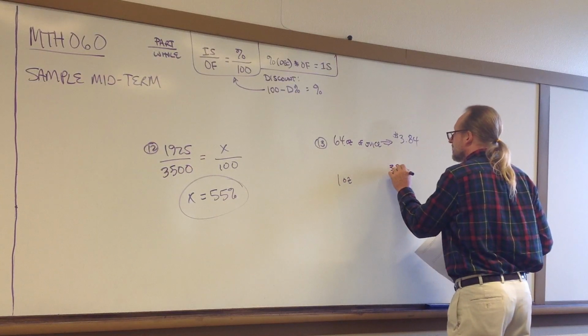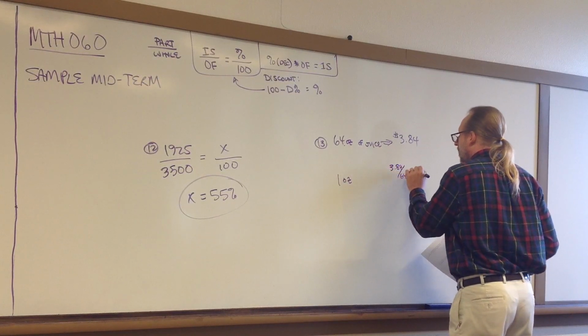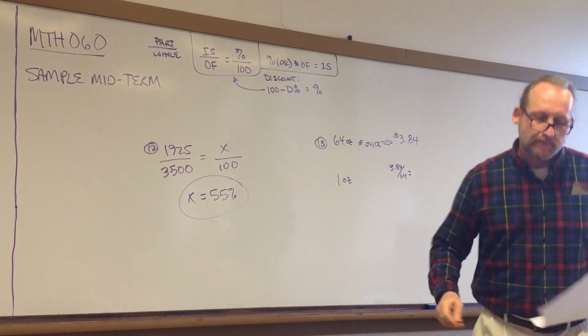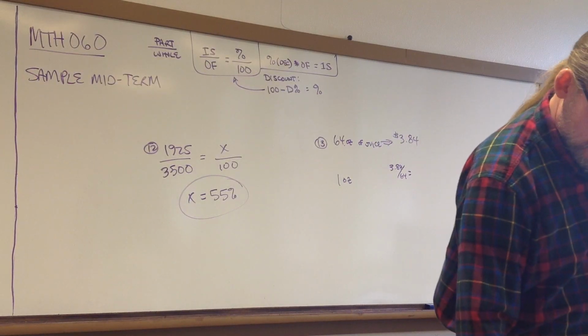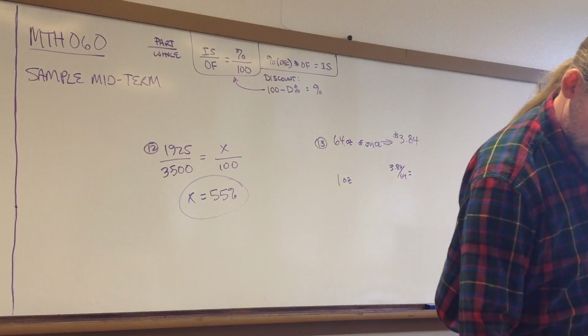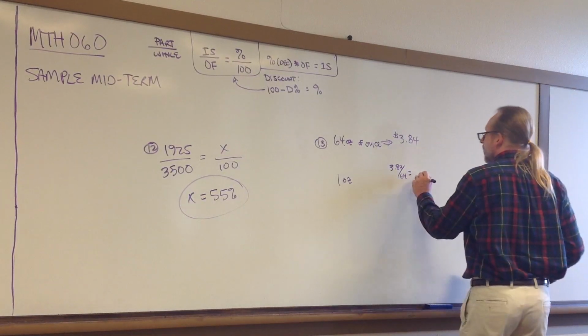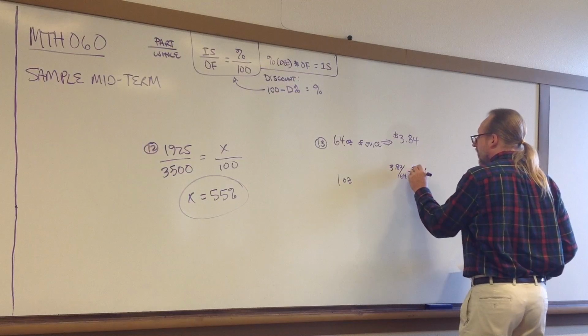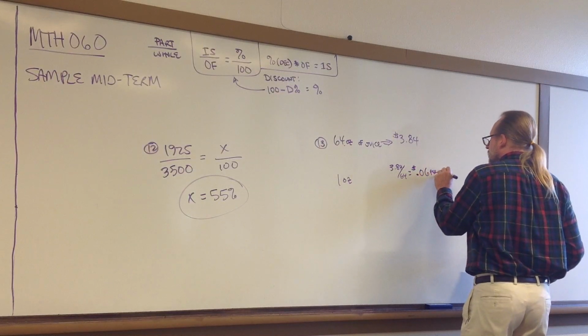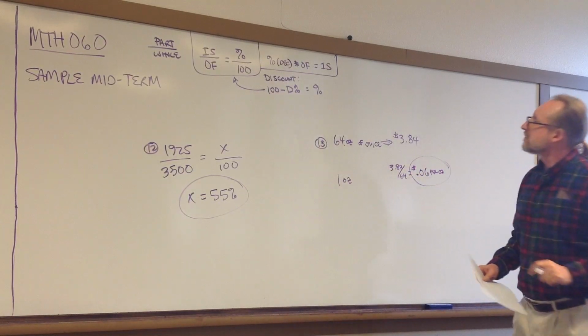Divide by 64, and let's see what we get. $3.84 divided by 64, 6 cents per ounce. Okay.